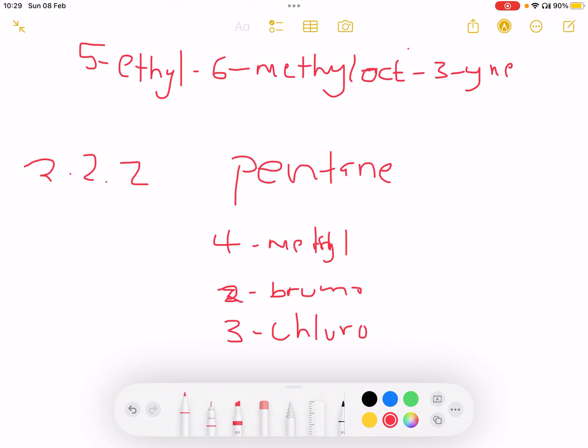Now, to come up with a name for this, we need to follow the alphabetical order that says we have 2-bromo, 3-chloro, 4-methyl pentane.